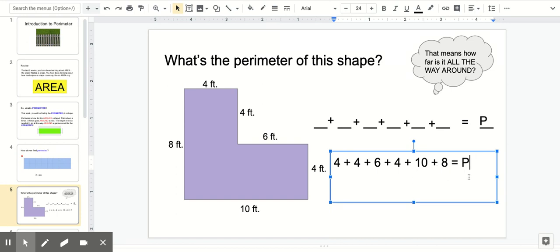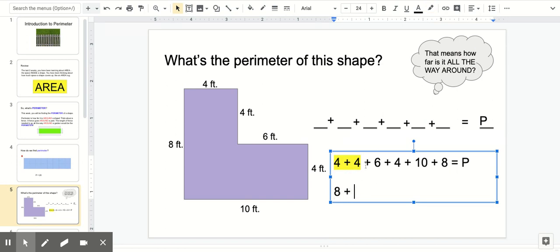All right, now it's time to add them up. Now, you could just start here and do 4 plus 4 plus 6 and just add them up. That's fine. Or you might see something in here that you know you could put together. Like I see this right here, 4 plus 4. Let's see if I can find my highlighter really quickly. 4 plus 4, I know that that's 8. So I'm going to put those together.